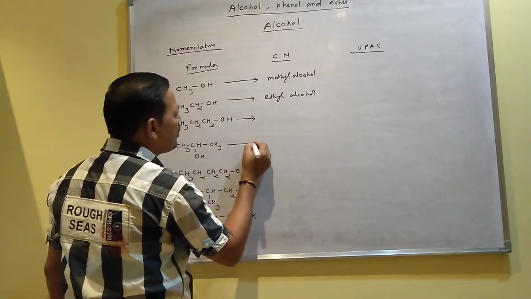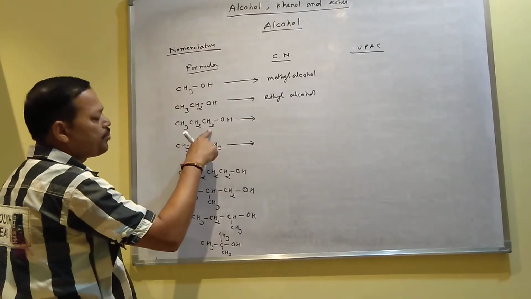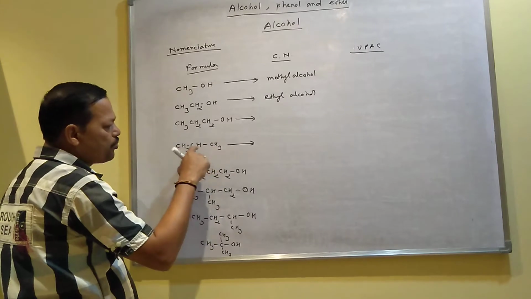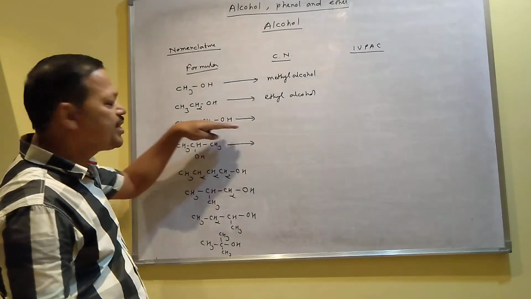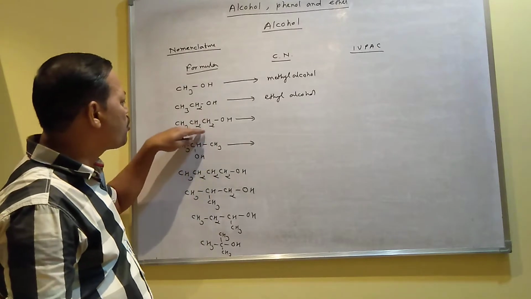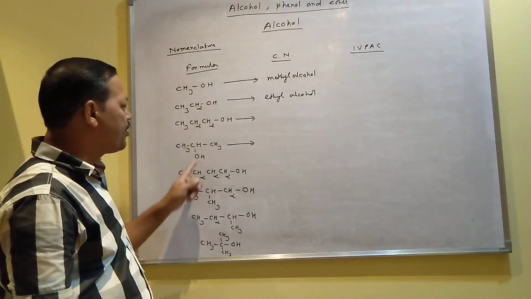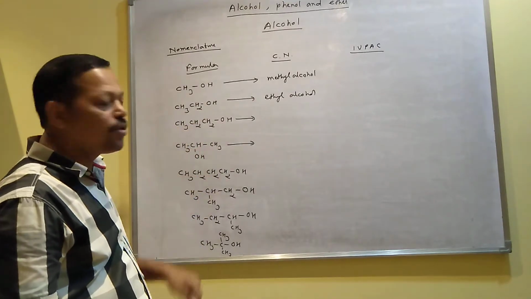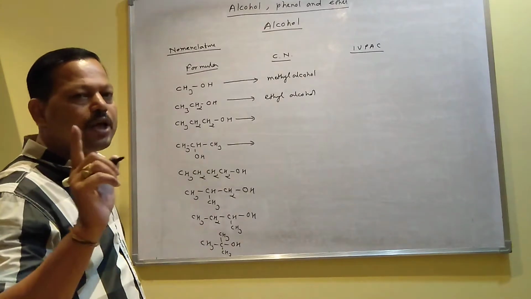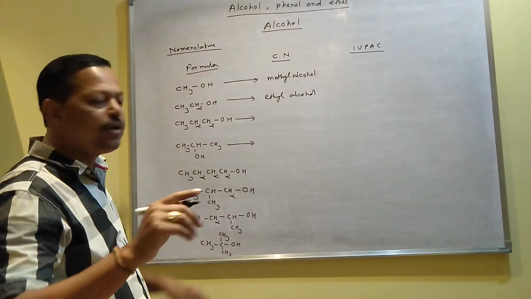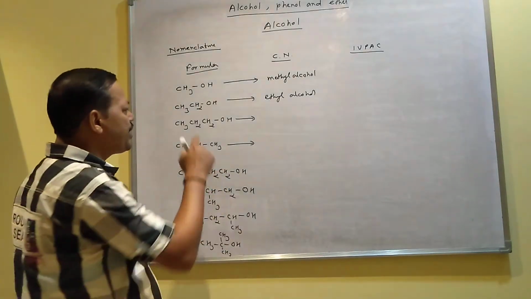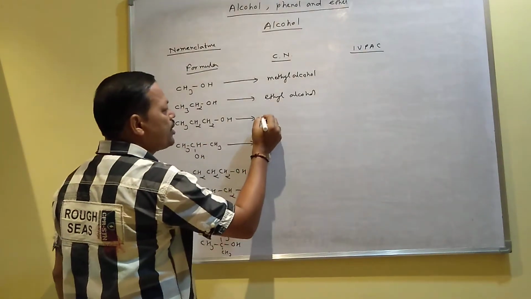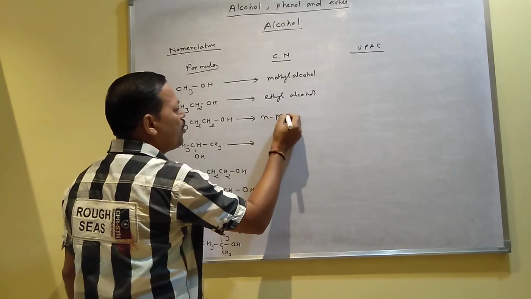Here this is propyl group, 3 carbon present, and this is also propyl group, 3 carbon present. Actually there are two types of propyl. If it is on straight chain, no branching present, then it is called normal propyl, and if it contains branching, then it is called isopropyl. So there are two types of propyl. One is normal propyl when it is in straight, and when it contains branching, then it is called isopropyl, and that's why the name of this alcohol is N-propyl alcohol.